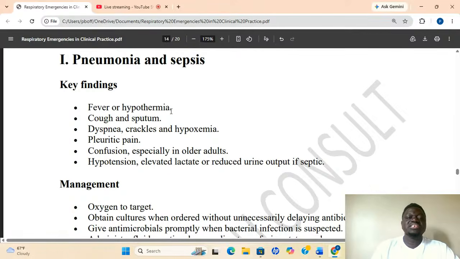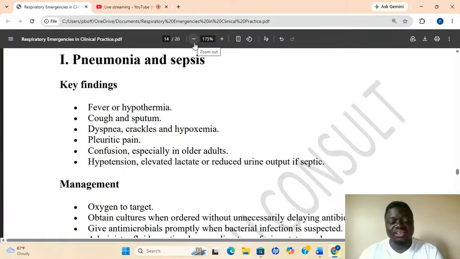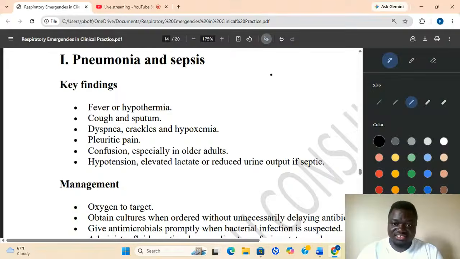Pneumonia and sepsis. Somebody has normal pneumonia. We've done this over and over. So this is my lungs.